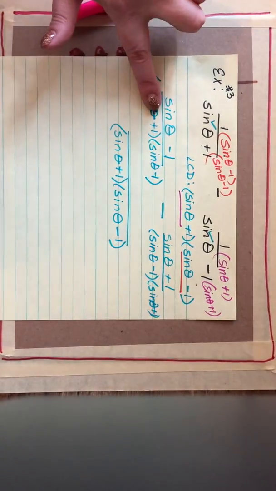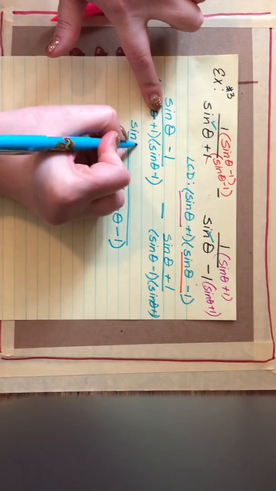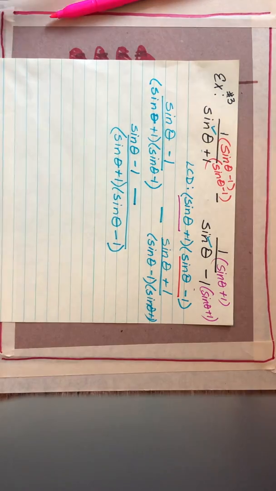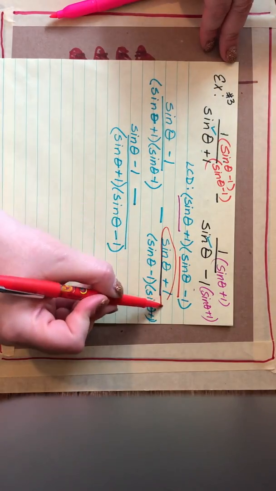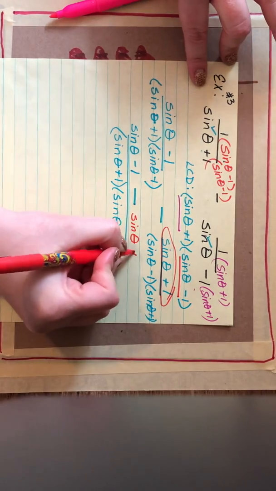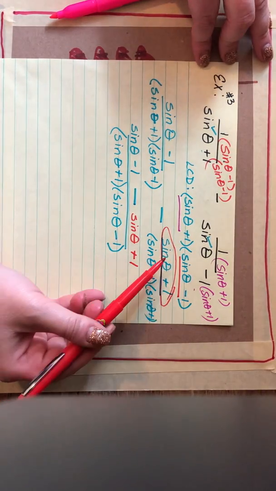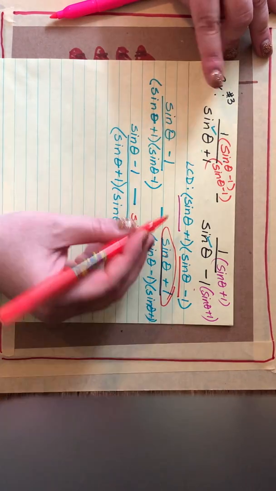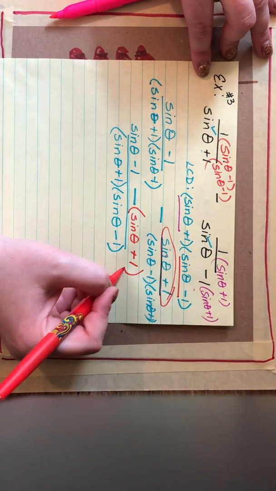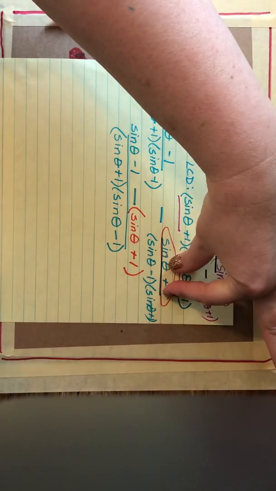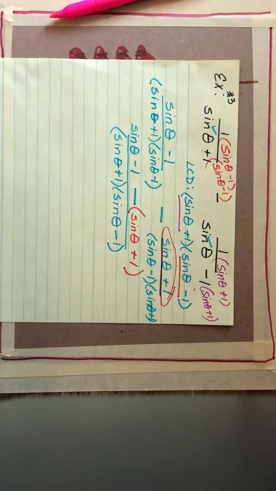On this left fraction, I have sine theta minus 1, subtract, and then, whoa doggy, I have sine theta plus 1. And the reason I wrote it in red is because I'm subtracting both of them, as in parentheses. Okay, so I'm subtracting more than one thing on this second fraction, so I had to use parentheses.